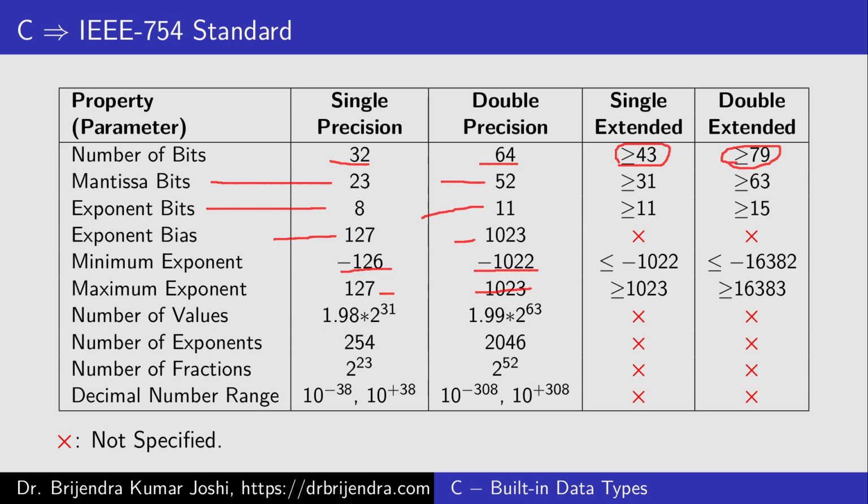Number of exponents is 254 here and 2046 here. The decimal number range is 10 to the power minus 38 through 10 to the power plus 38, and here it is 10 to the power minus 308 through 10 to the power plus 308. That is a huge range. And the X means these things have not been specified.